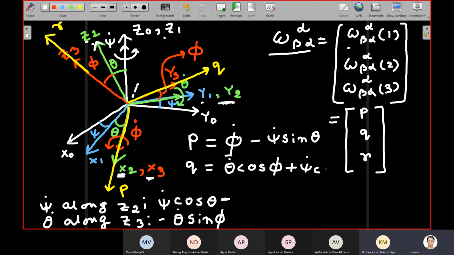We already have psi dot cos theta, correct? And the component of that along Y3, yes, that will be sin phi, right? And then next is R. How about R? Somebody else, not Ajita. Somebody else. How about R?